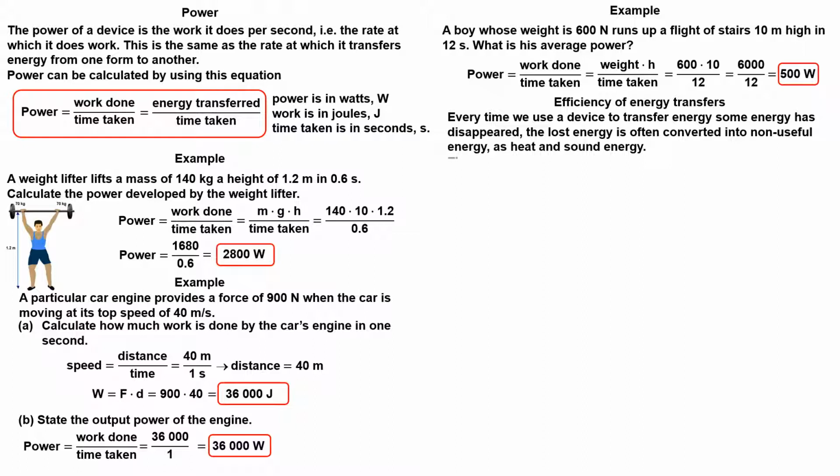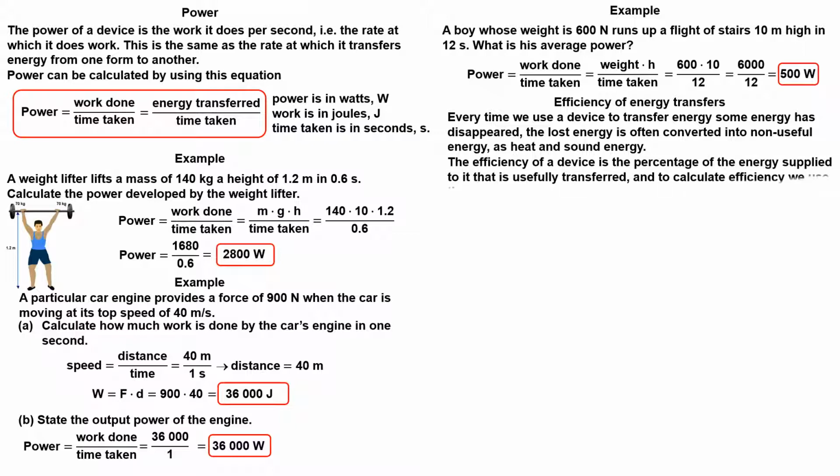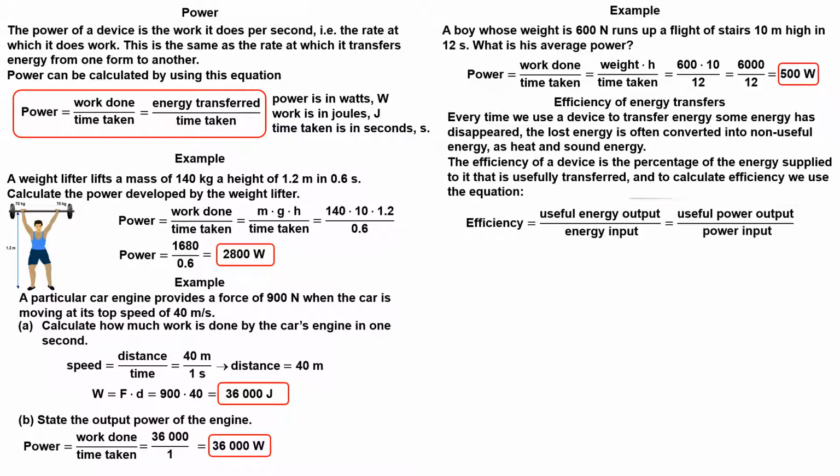The efficiency of a device is the percentage of the energy supplied to it that is usefully transferred, and to calculate efficiency, we use the equation: useful energy output over energy input. Let's see how it works.